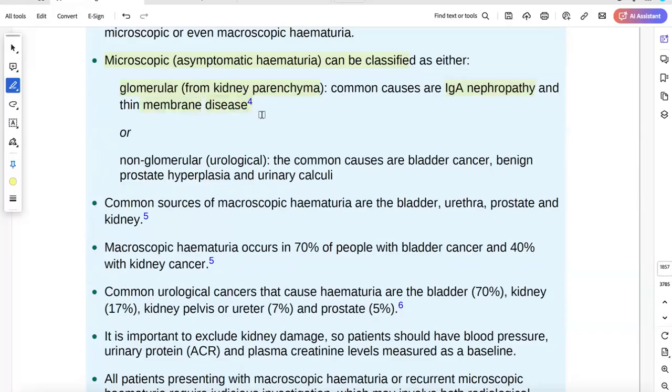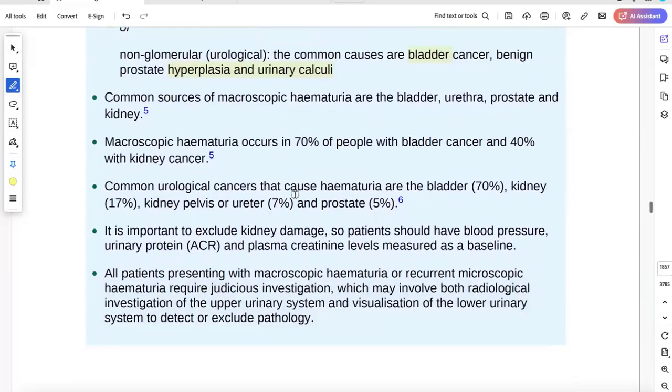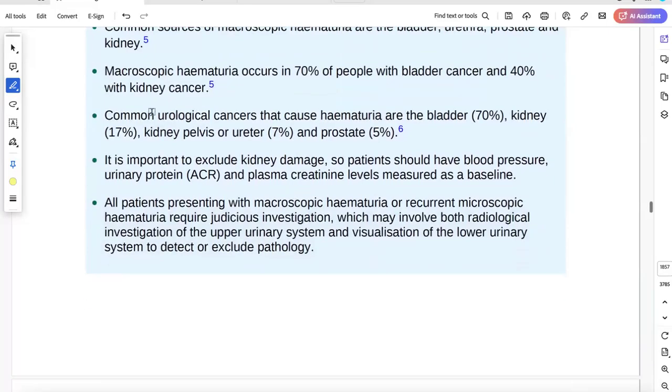It could be urological, that means non-glomerular, could be bladder cancer, BPH, even a stone. Macroscopic hematuria occurs in 70% of people with bladder cancer and 40% with kidney cancer. So that's why it is very important to rule out.